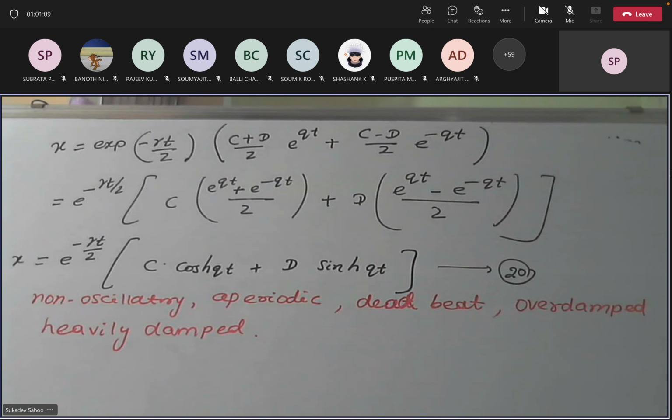Hyperbolic functions you can study from mathematical books or from a website.